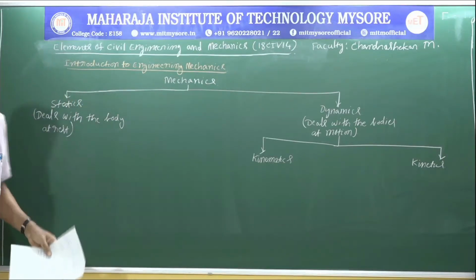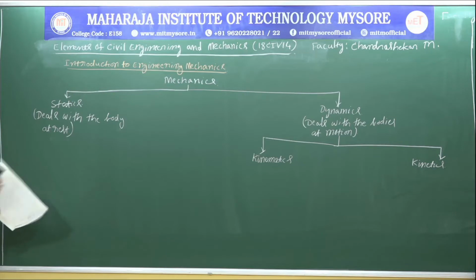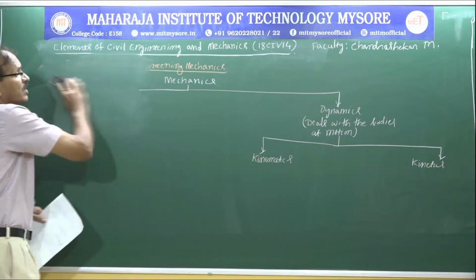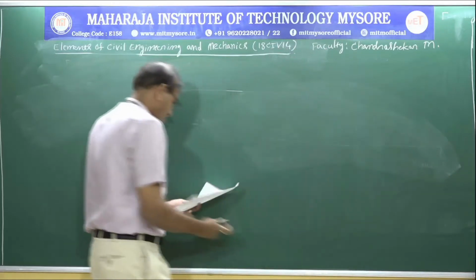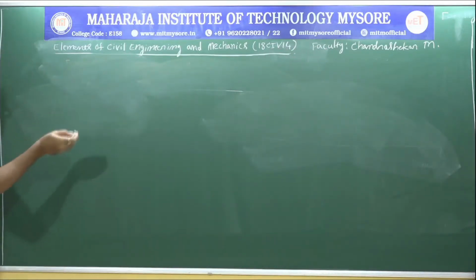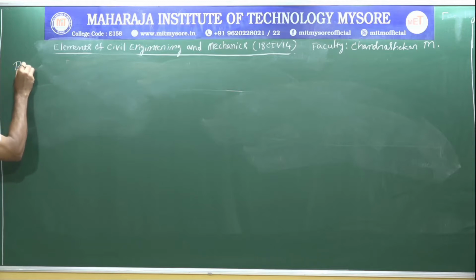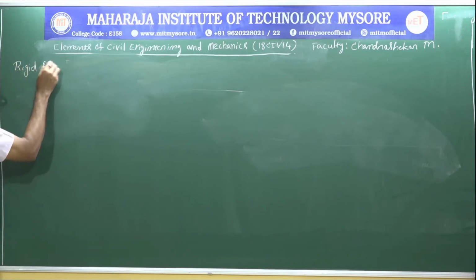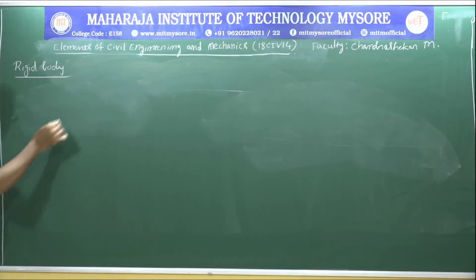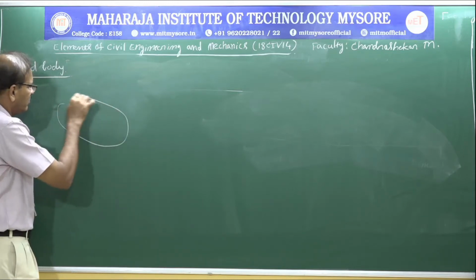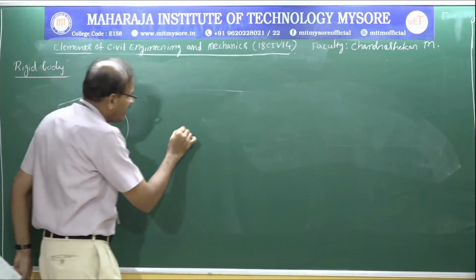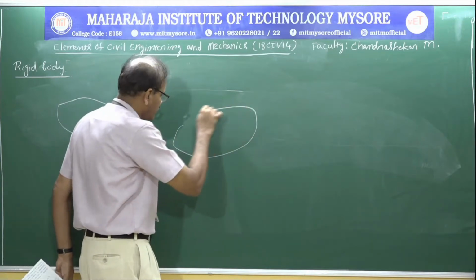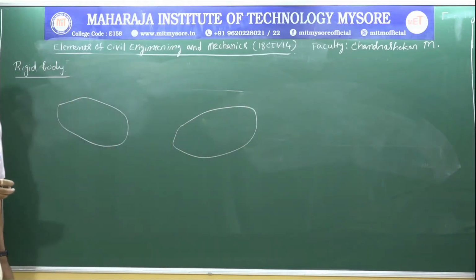So coming to the definition of different bodies, let us discuss the rigid body. Let us consider a body, and the same body here, a little bit oriented.